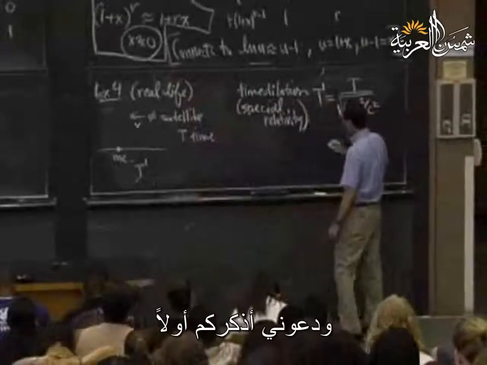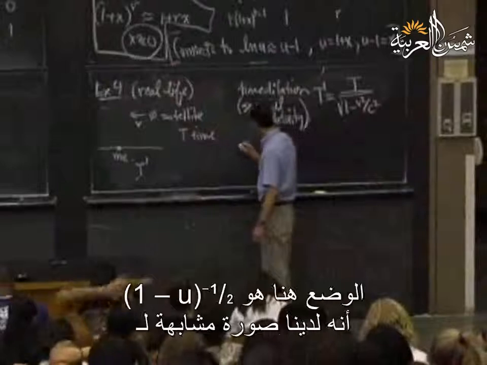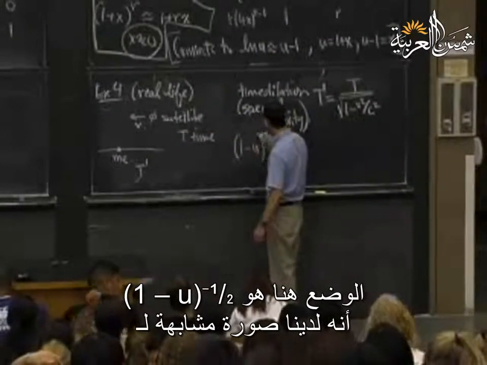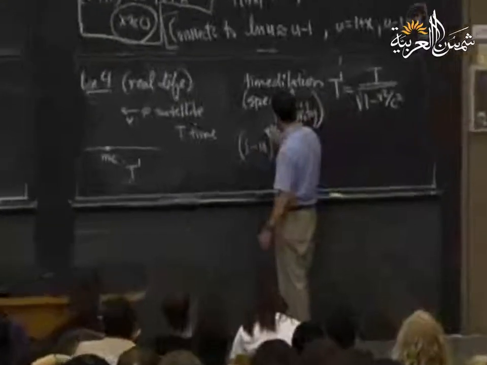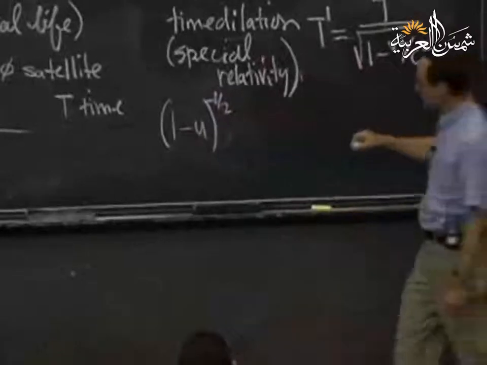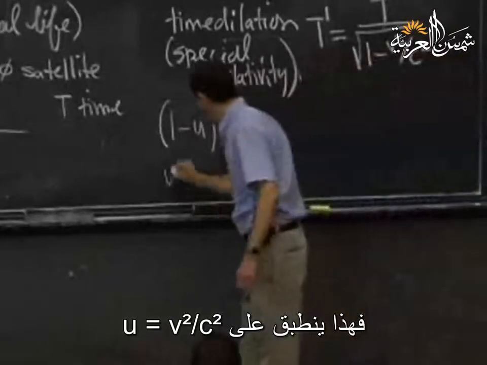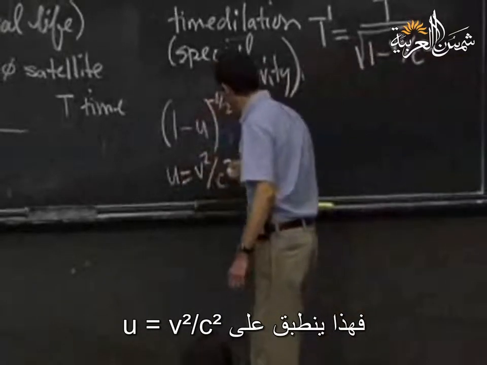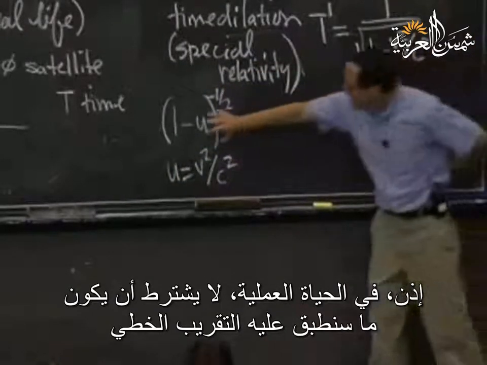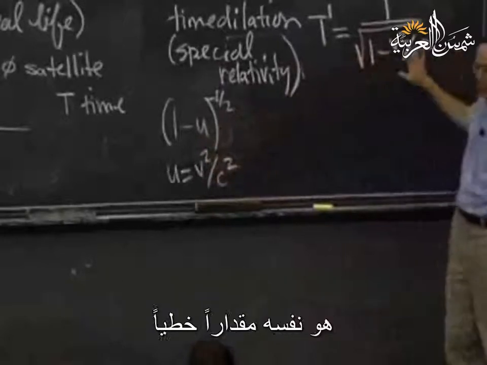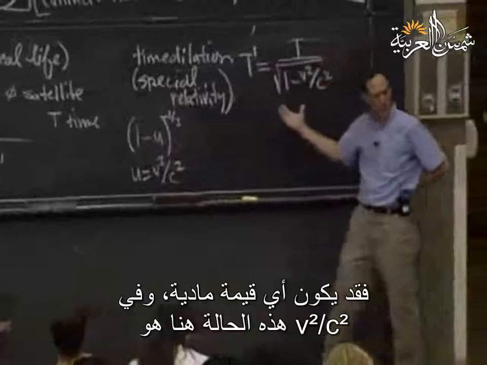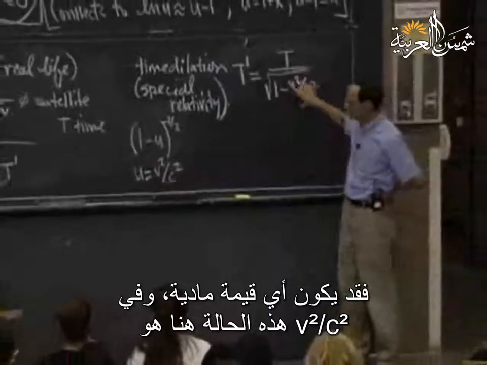I'm going to write t, but now let me just remind you, the situation here is we have something of the form 1 minus u to the minus 1/2. All right? That's what's happening when I multiply through here. So with u equal to v squared over c squared. All right, so in real life, of course, the expression that you're going to use the linear approximation on isn't necessarily itself linear. It can be any physical quantity. So in this case, it's v squared over c squared.